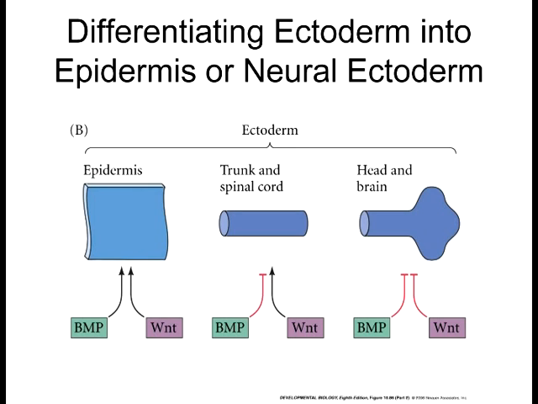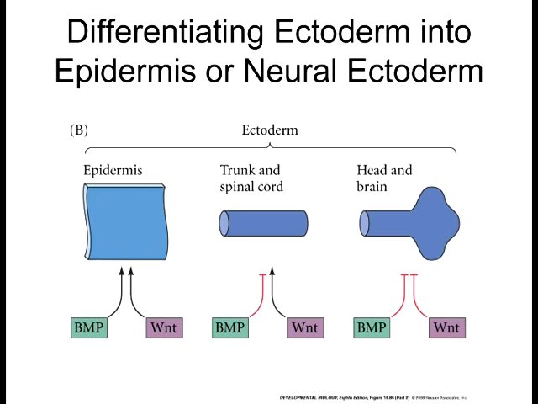If BMP is blocked, as it typically is by the organizer, but Wnt signaling is present, that becomes the spinal column. And in the region closest to the organizer, where you have both BMP and Wnt signaling blocked, that forms into the head ectoderm. And there are various key genes that the organizer secretes, like Cerberus and Dickkopf, that block BMP and Wnt signaling.